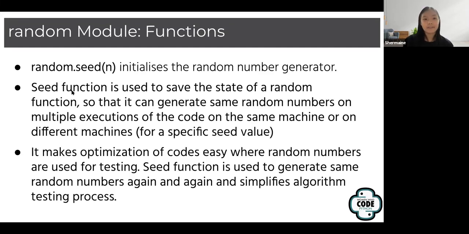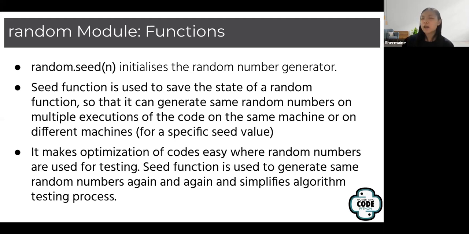Firstly, we have random.seed, and you can put in a number n here, which initializes the random number generator. What this does is save the state of a random function so that it can generate the same random numbers on multiple executions of the code on the same machine or on different machines.